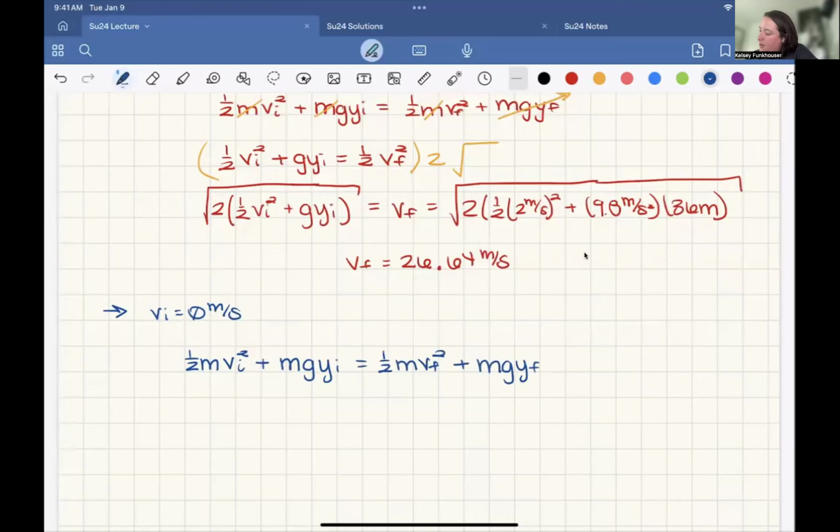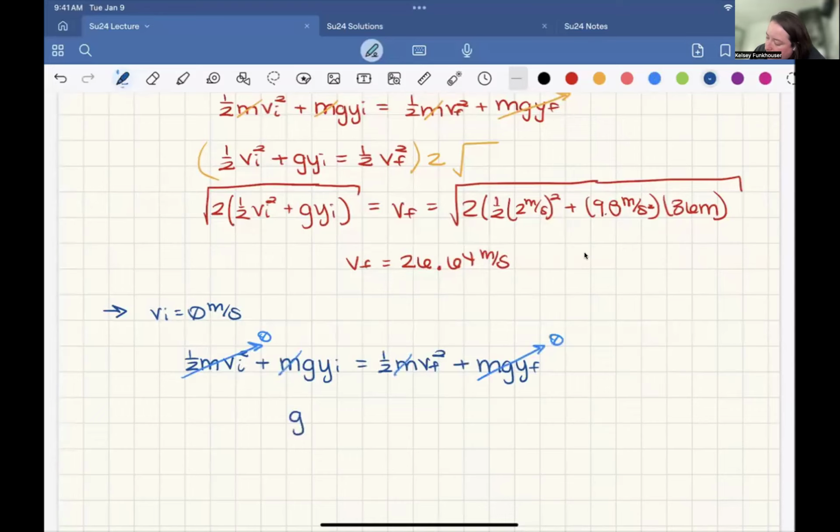The initial velocity here now is 0, so that term goes away. And just like before, the final height is 0, so that term also goes away. We're left with two terms, and they both have mass, so that goes away again.